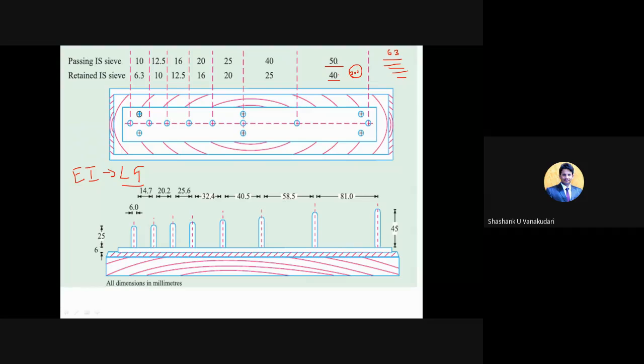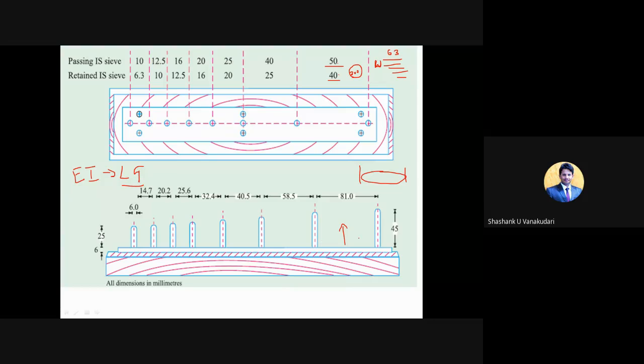That 200 particles weight you are going to consider as capital W, and you need to pass them between these two poles lengthwise. Think that this is the aggregate, and you need to pass it lengthwise. The maximum length, from that portion, you need to pass within these holes, right?